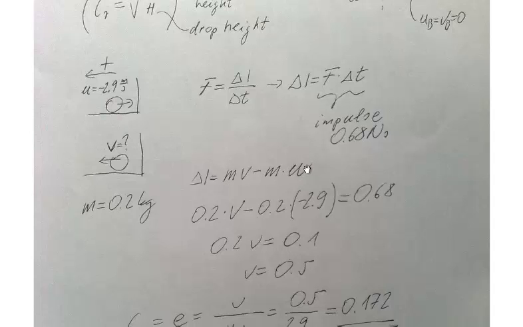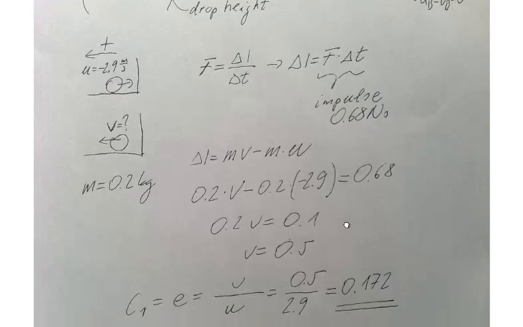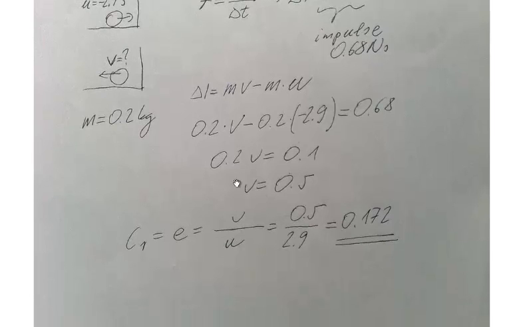We can substitute. We know the mass, and this is equal to impulse, this value. After calculation we get that v is equal to 0.5.